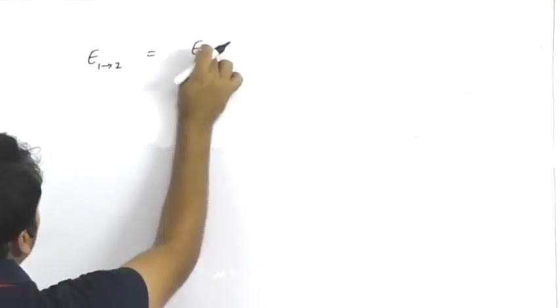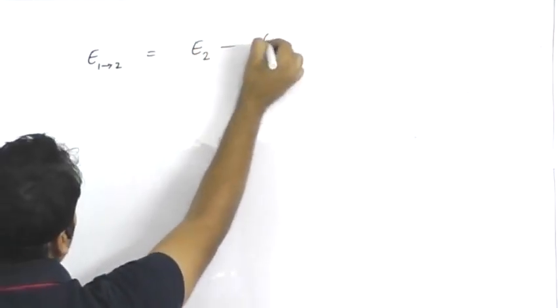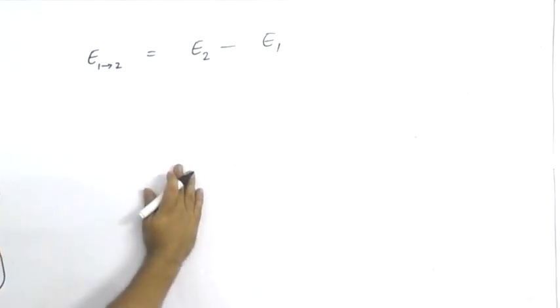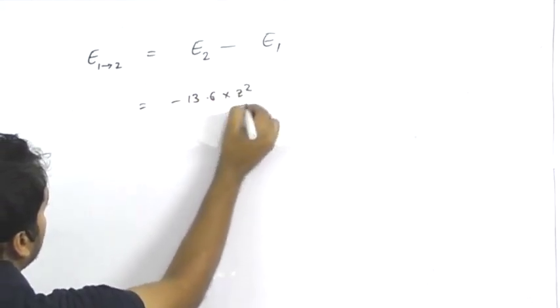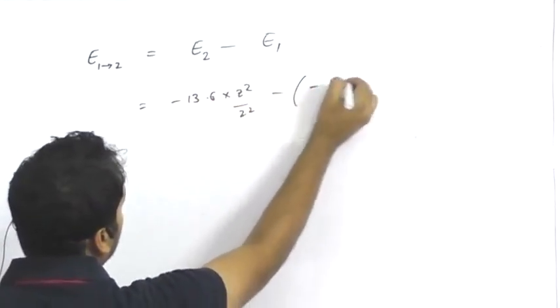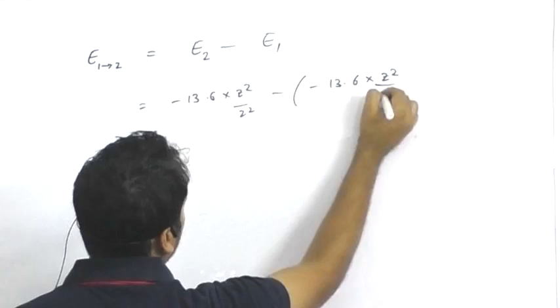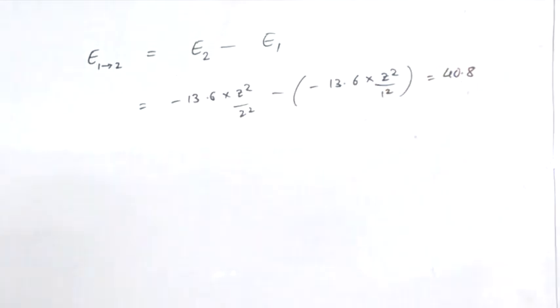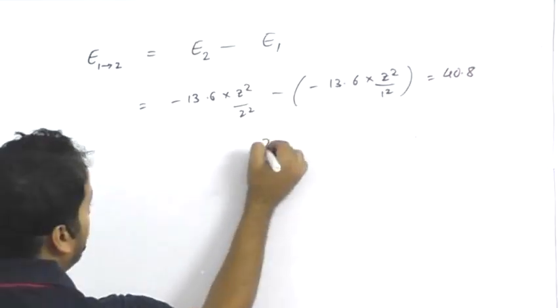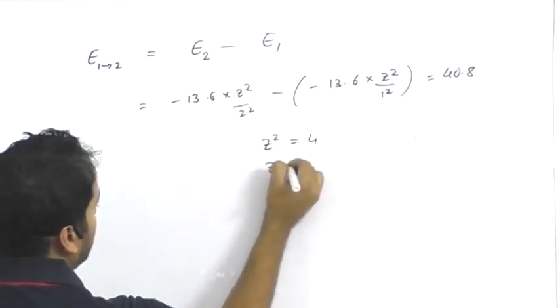This will be E2 minus E1, energy of electron in second orbit minus energy of electron in first orbit. This is given as minus 13.6 into Z square by 2 square minus 13.6 into Z square by 1 square, and this is given as 40.8. So all you have to do is solve for Z. You will get Z square equal to 4. So Z equal to 2.